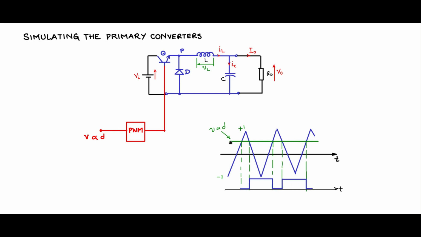As this control voltage moves up and down, you will see a modulation happening in the pulses, and these are the pulses that will be used as control signals for Q. This is what you will be seeing at these points.